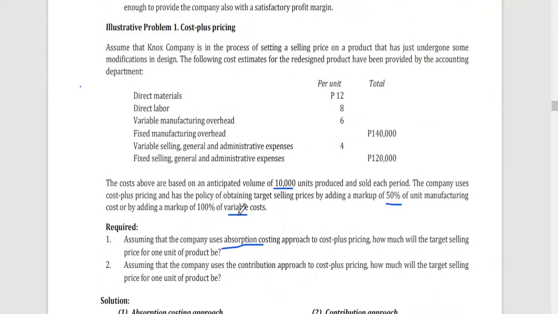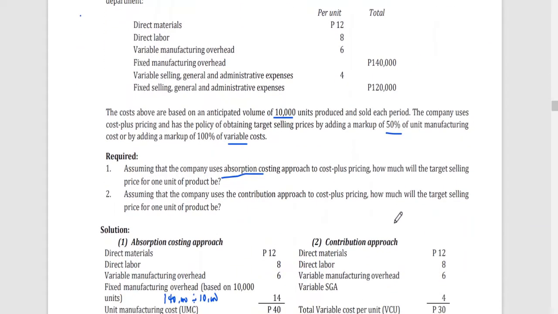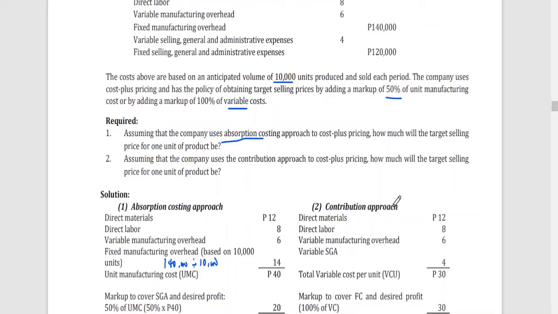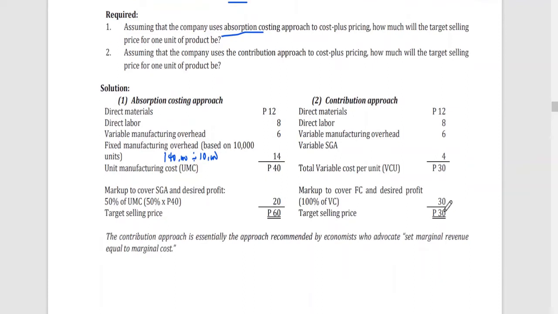According to their policy, that would be 100% of the variable costs, whether that is an overhead or a SGA variable cost. So your target selling price here, therefore, would be 60. Okay, not 30. Sorry. So that would be 60 pesos target selling price.